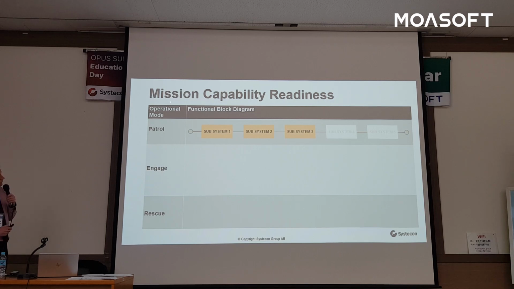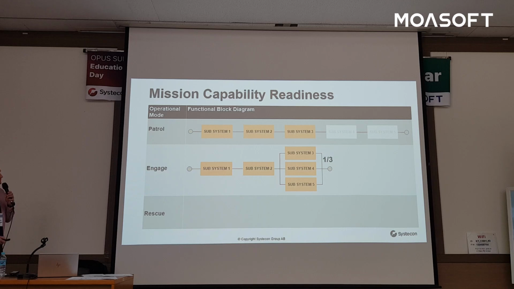For example, to be able to do patrol, I need subsystems 1, 2, and 3, and I need all of them at the same time. To be in the operational mode called engage, I need 1 and 2, and then I need either 3, 4, or 5. This is a typical parallel block, a parallel structure. If you are used to reliability analysis, you recognize it.